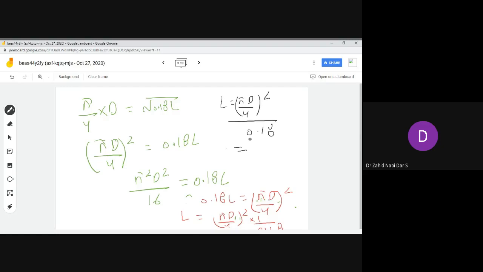If you simplify this, you will get L in terms of D: L is equal to 0.343 d square. Now you substitute this L in terms of D, so you will get 0.343.